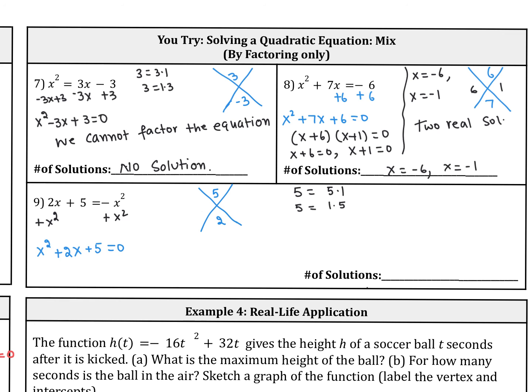And neither would the 1 times 5 give us the answer. When you multiply, you get 5. But when you add or subtract, you do not get 2. So it means this equation is not factorizable. It means that you're going to have no solution because we cannot factor the given equation.